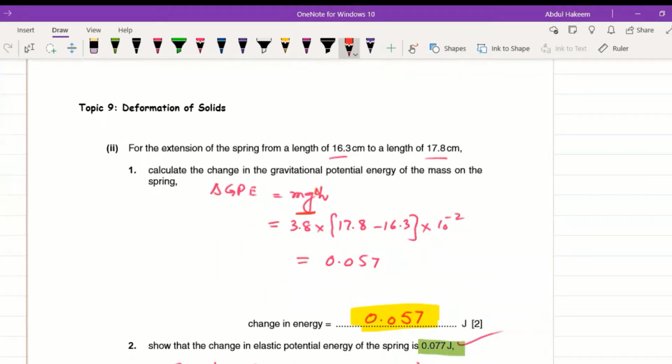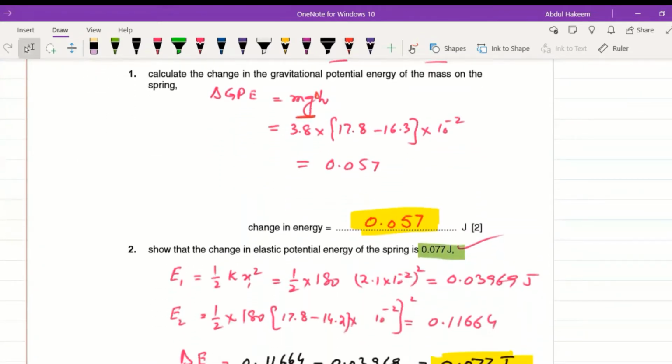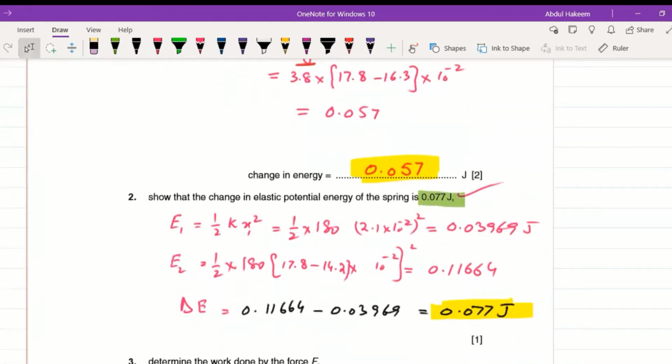Any question? No. Okay. Next, show that the change in elastic potential energy for these two lengths is 0.077 joule. So we will calculate first energy, 1 by 2 k x1 square, 1 by 2, and the k is 180 Newton per meter now. The first extension is 2.1 centimeter, so 2.1 times 10 power minus 2, whole power 2.